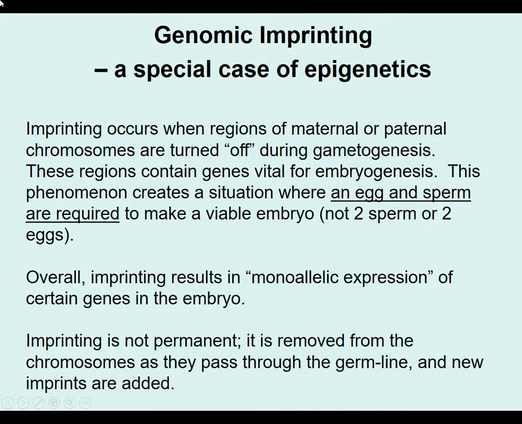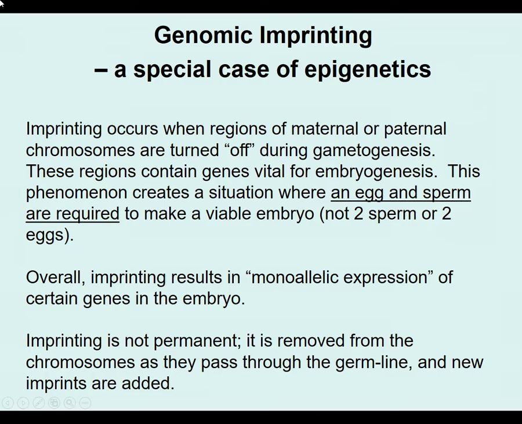It's when maternal or paternal gene regions are turned off during the formation of gametes. Because these gene regions are important for the early stages of embryogenesis, what you end up with is an egg that cannot develop into an embryo and a sperm that cannot develop into an embryo, but rather when both genomes fuse together, you have a situation in which only in that case the embryo has all the genes it needs to develop.